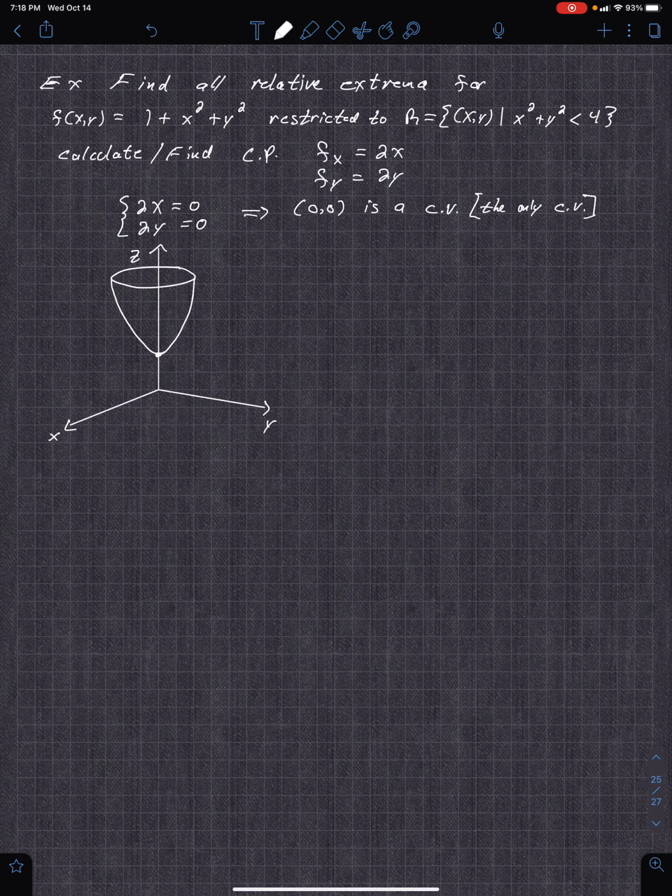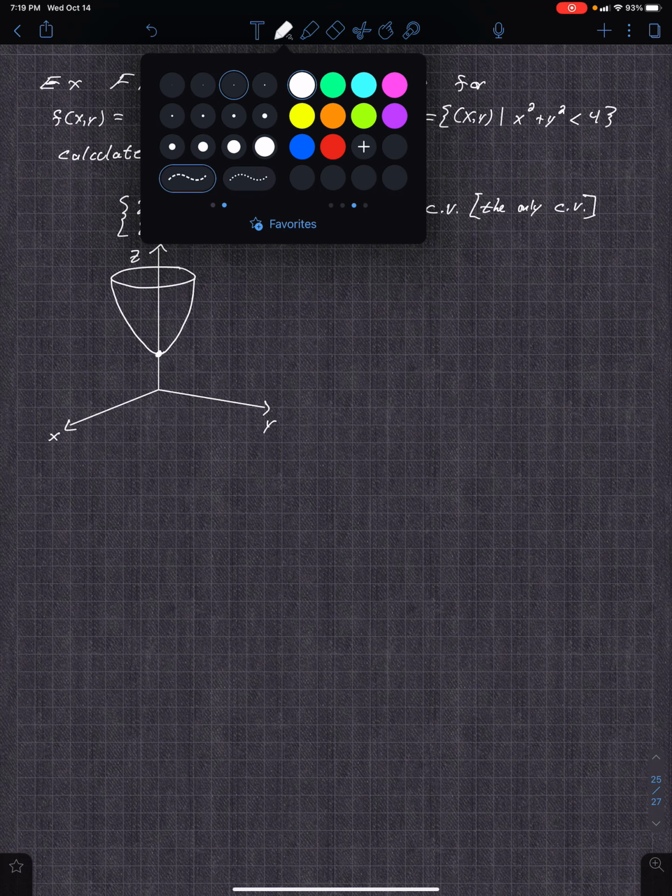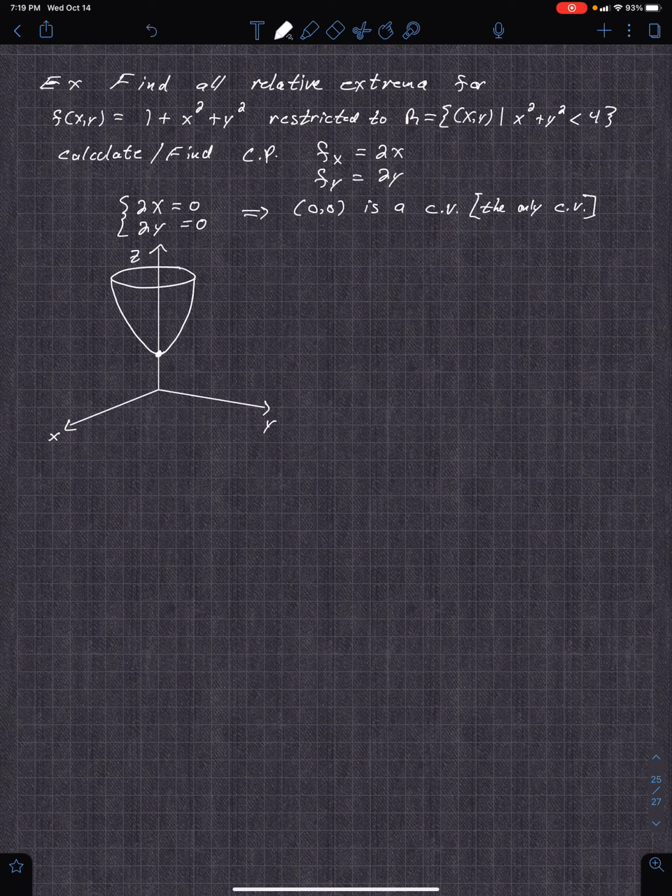Okay, so we know what it looks like. Nothing real special. And then it is defined on a region like that. There we go. Close enough. Okay, so there's my region R.